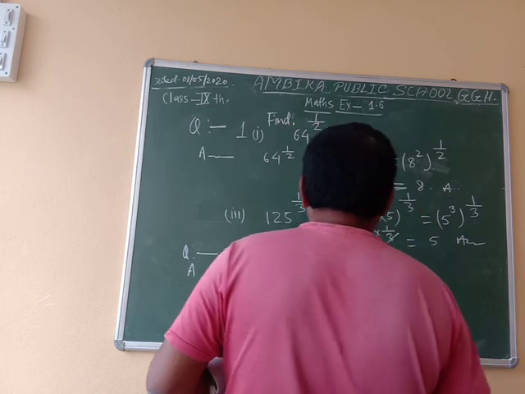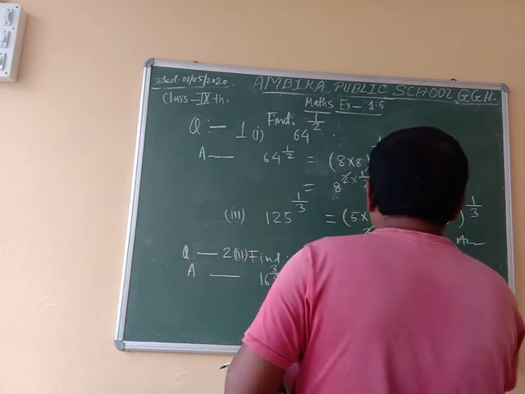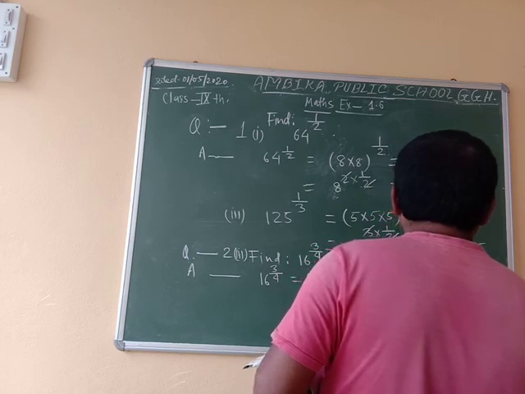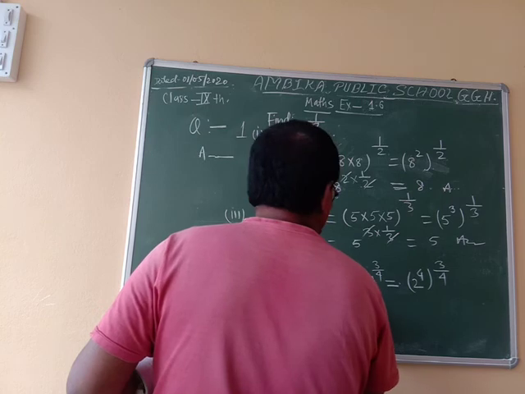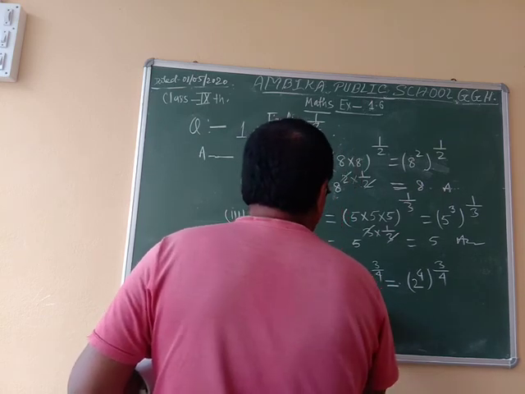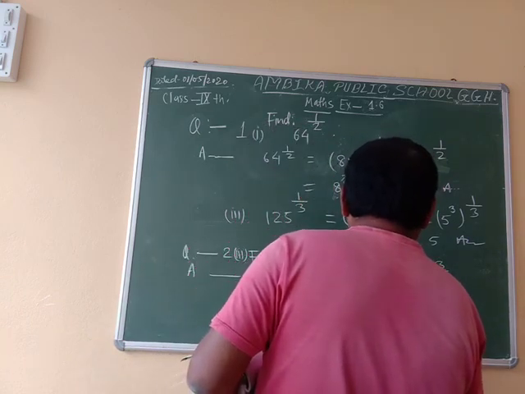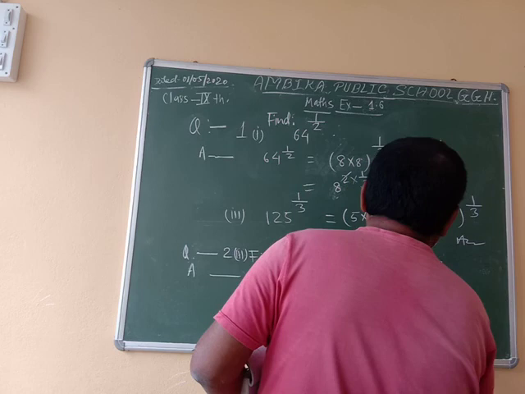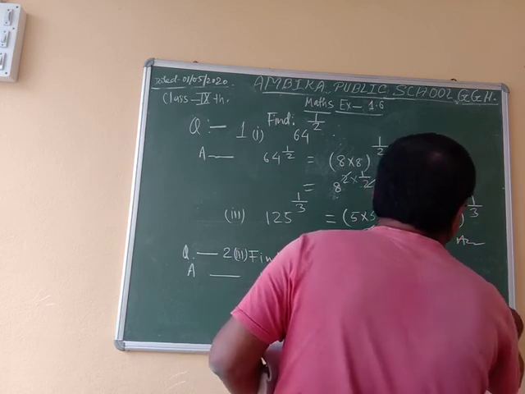Again, we write this as 2 to the power 4, to the power 3 by 4, which is equal to 2 to the power 4 into 3 by 4. Here the 4 cancels. Then 2 cubed is equal to 2 into 2 into 2, which is 8. Answer.